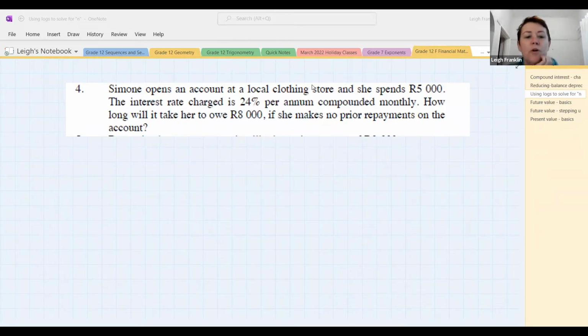Cool. L'Oreal, you got... No, n can't be equal to 0, Neosibeko. Remember, n is what we're trying to calculate, because we want to know how long it's going to take her to owe them 8,000 Rand.